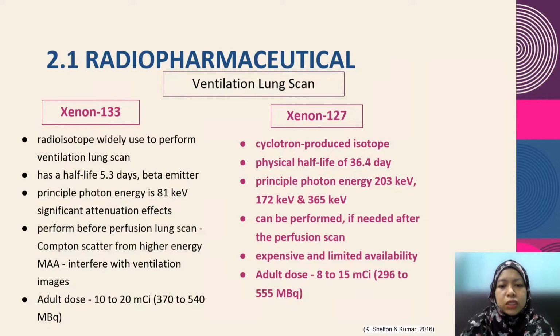Because it is a higher energy, it can be performed after the perfusion scan if needed. Unfortunately, it is expensive and of limited availability. The usual dose is 8 to 15 millicurie, which is 296 to 555 megabecquerel.